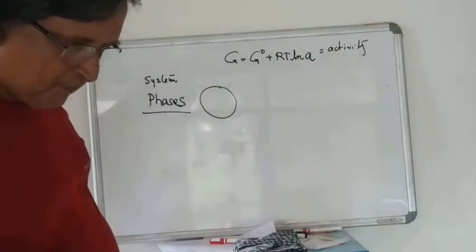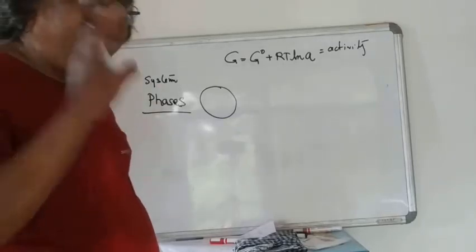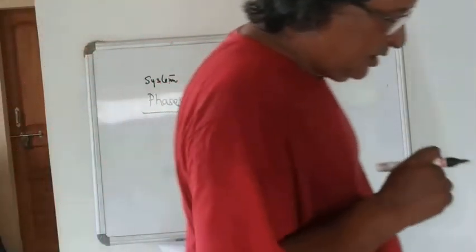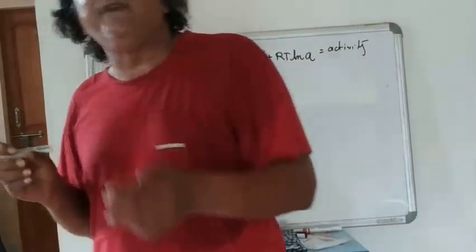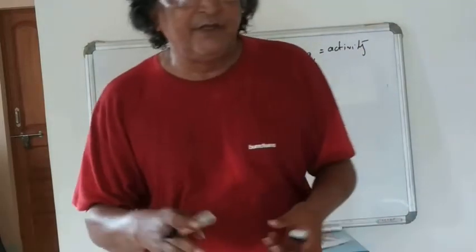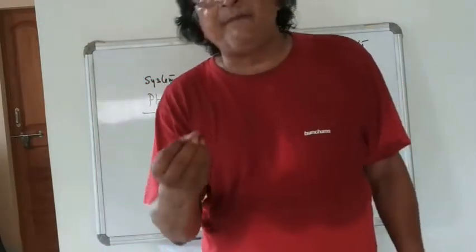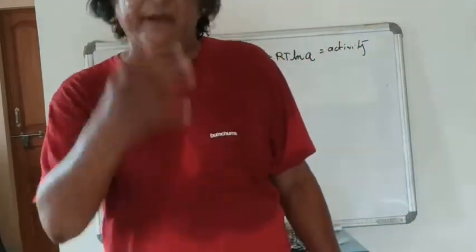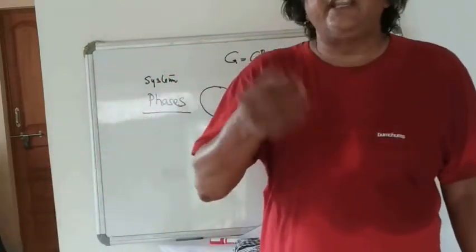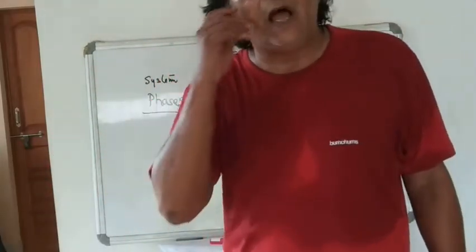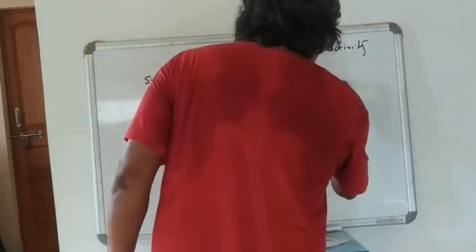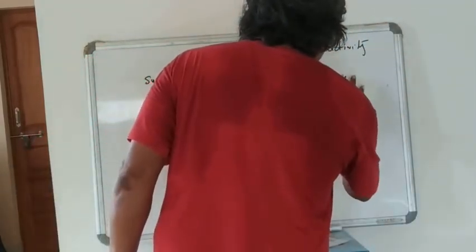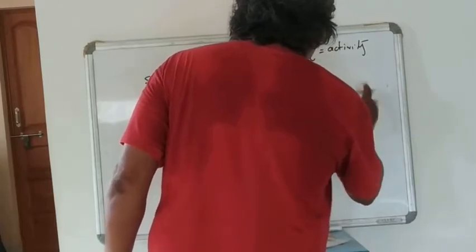Now, the composition of a phase may be unique. Like, say for example, we were talking of graphite and diamond. Graphite contains carbon, and only carbon. Diamond contains carbon, and only carbon. But say for example, quartz. It's a very common mineral.